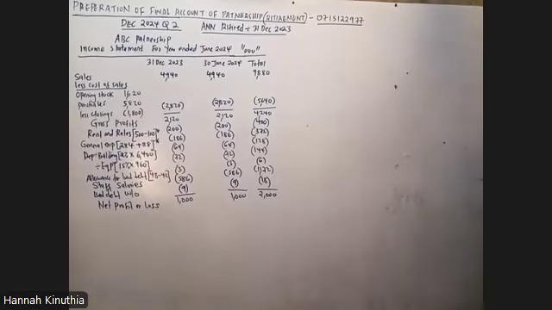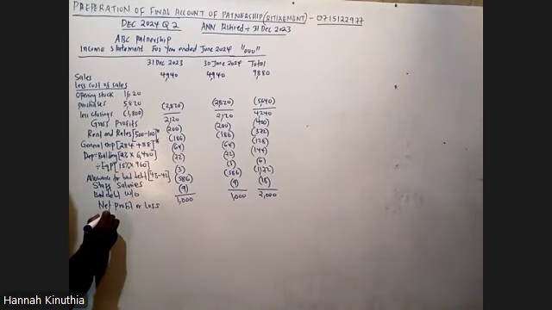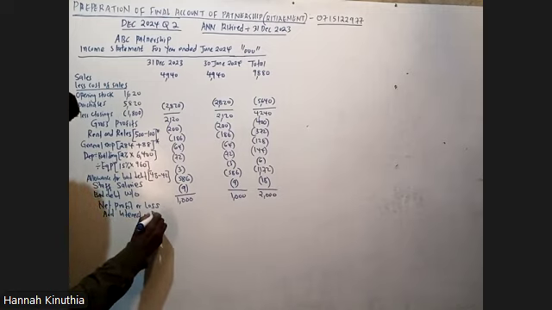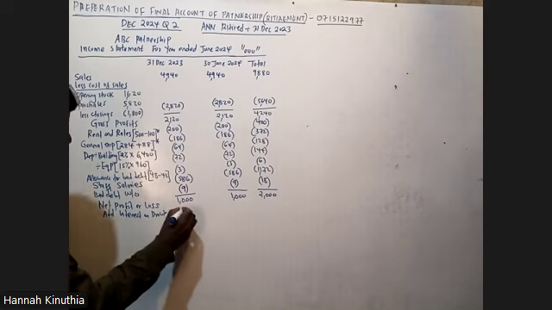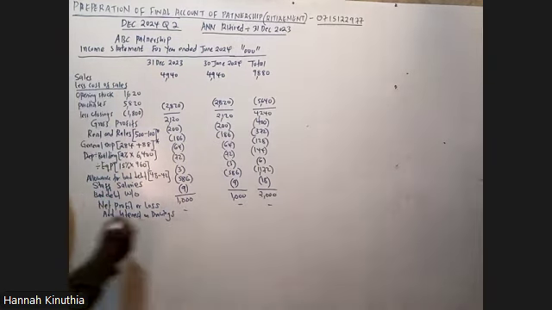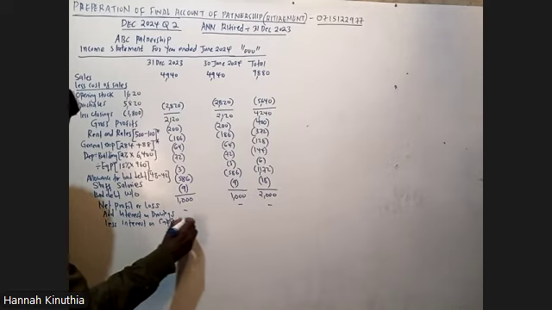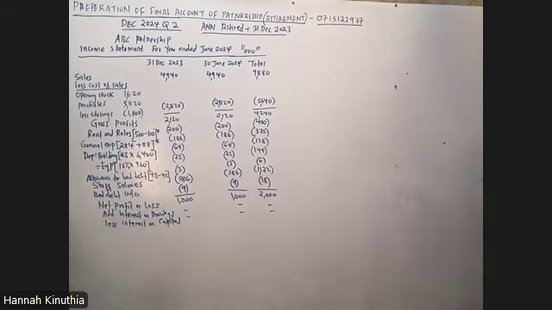Now let us do appropriation account. Now appropriation account, we are supposed to add back. What are we supposed to add back? Interest on drawings. You're supposed to add back interest on drawings. You don't have interest on drawings, of which hakuna. You're also supposed to less interest on capital, of which pia we were never told the interest on capital.